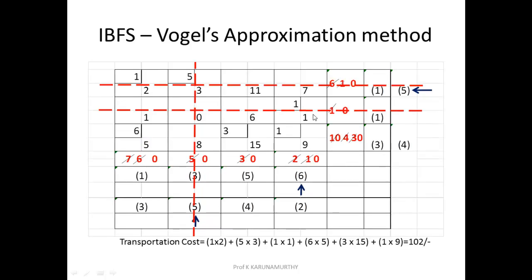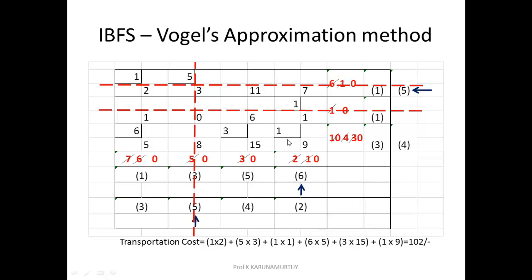Once we supply 6 quantities to this cell, the maximum quantity that can be supplied is 10, but demand is only 6, so we are supplying 6. Once we supply 6, this demand will become 0, and since we have supplied 6 quantities, 10 will become 4. Now after allotting this, we have only these two cells.